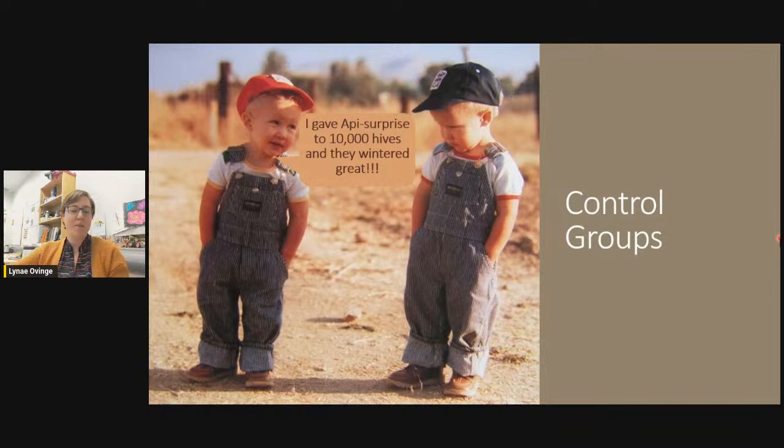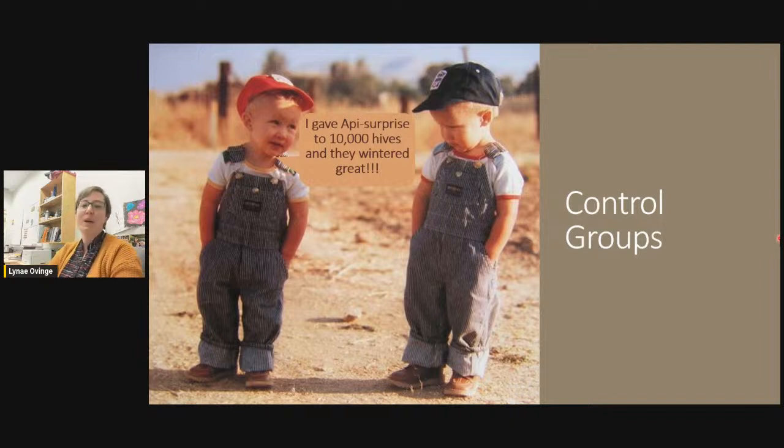This is an image that maybe some of you farmers are familiar with that I've always loved. But here I've changed it to say that one of them is saying to the other, I gave APA Surprise to 10,000 hives and they wintered great. And that's my word for whatever bee treatment we're getting next.